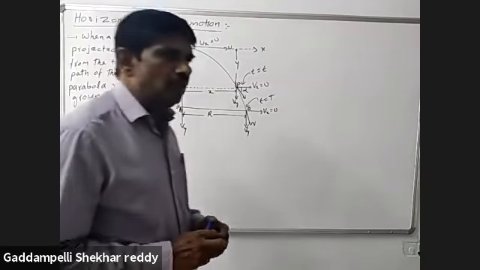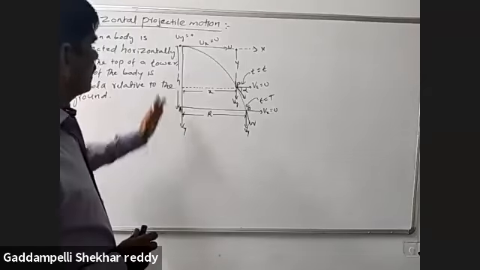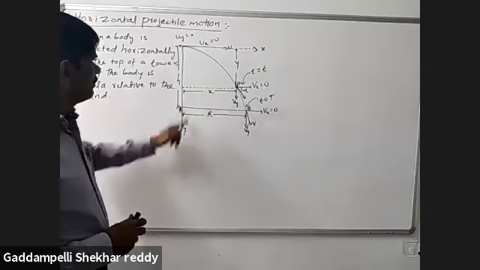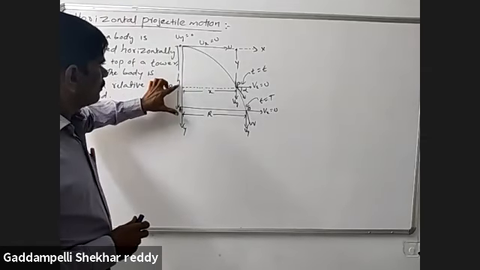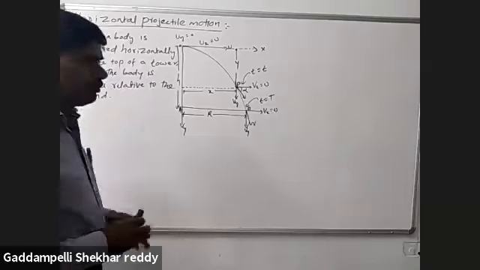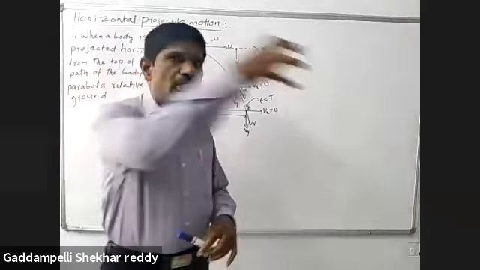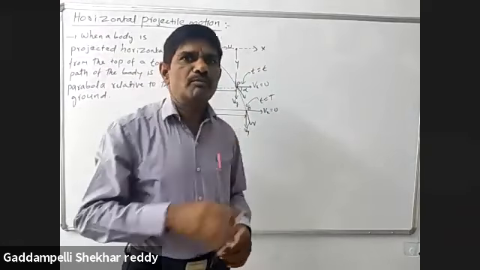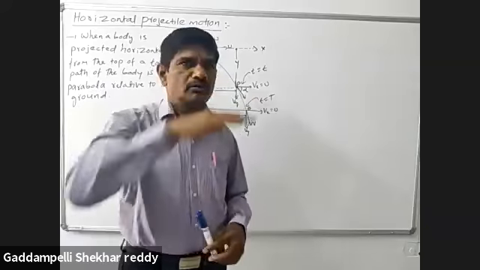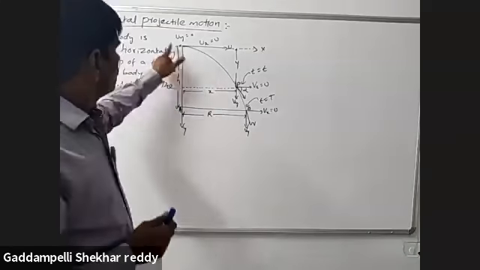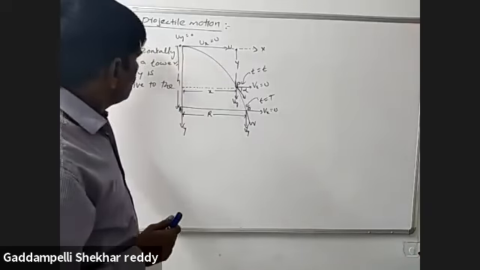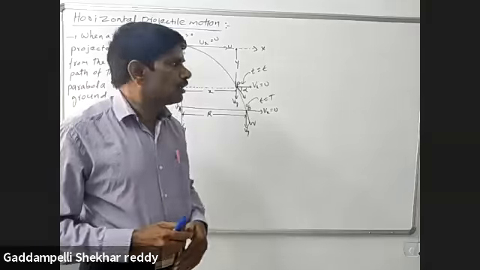Horizontal projectile means, consider a tower of height h. A body is thrown horizontally from the tower, and the path is a parabola.